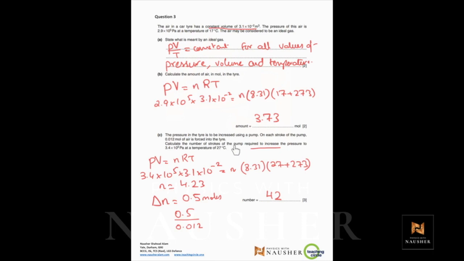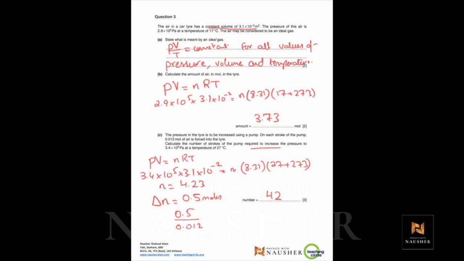That means by default you have these many moles of air in the car tire, and you have to go up from here to a new number. You have to calculate how many strokes you have to pump in to get from 3.73 to the new number.